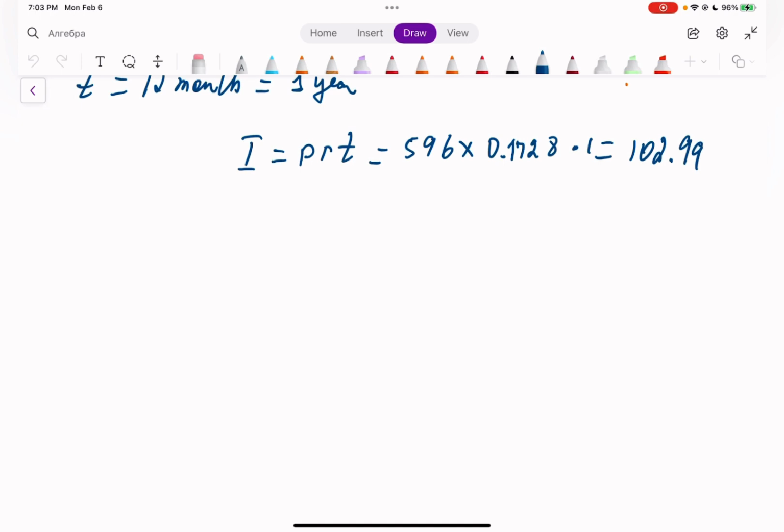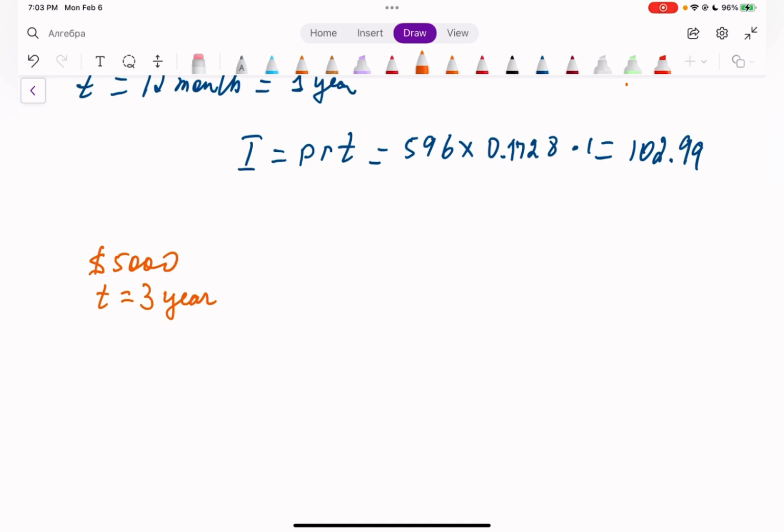Okay, so we have $5,000 for 3 years. We invested in the bank $5,000 for 3 years.